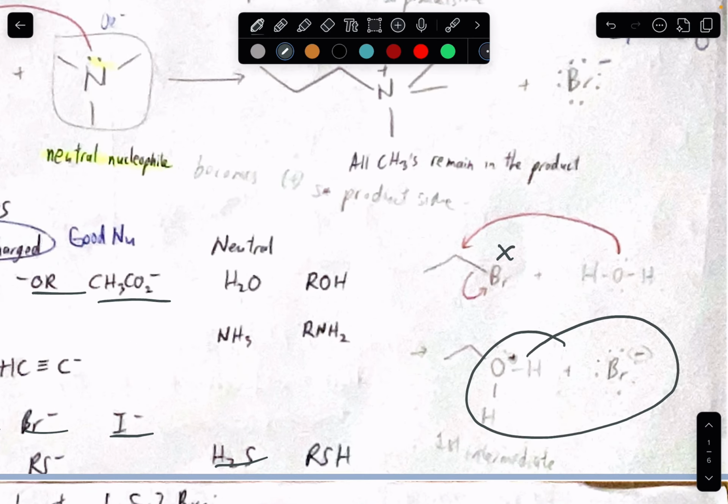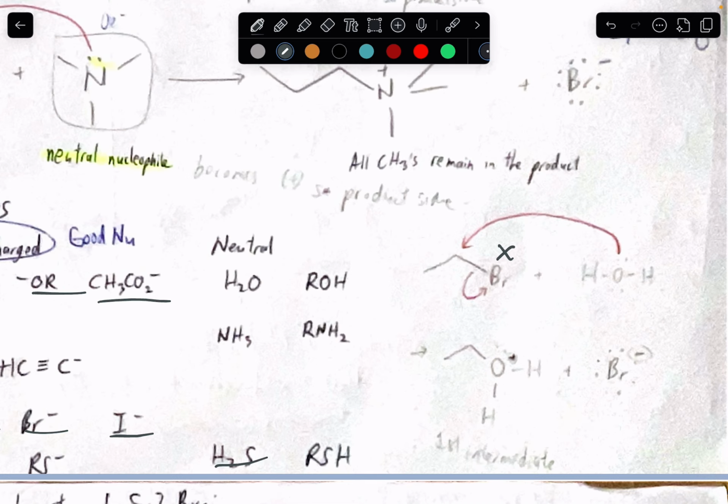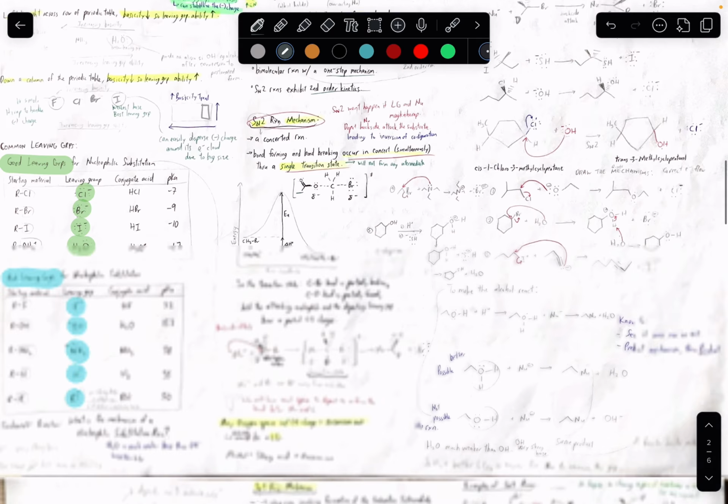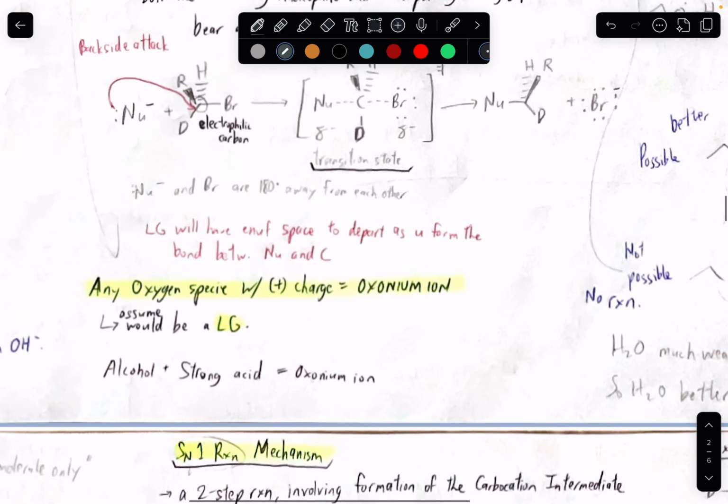This is not the final answer yet. You see an oxonium ion, which is still a leaving group. You still have to find the actual final product. So the oxonium ion tells you that the reaction is not finished yet because it's still a leaving group.